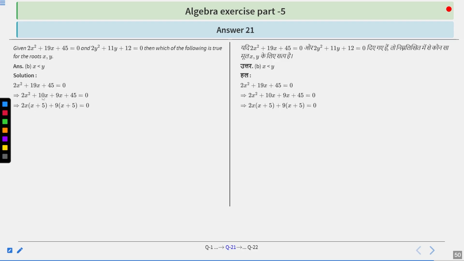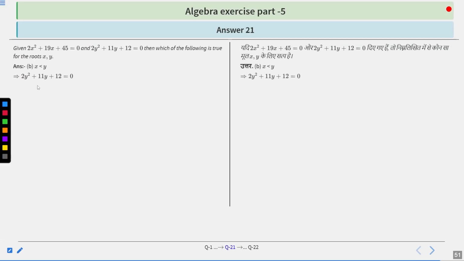Now taking 2x common from the first two terms, we get 2x into x plus 5, and taking 9 common from the last two terms, we get 9 into x plus 5, that is equal to 0. Therefore x plus 5 into 2x plus 9 is equal to 0. Now, if x plus 5 equal to 0, then x is equal to minus 5. And if 2x plus 9 is equal to 0, then x is going to be equal to minus 9 upon 2.